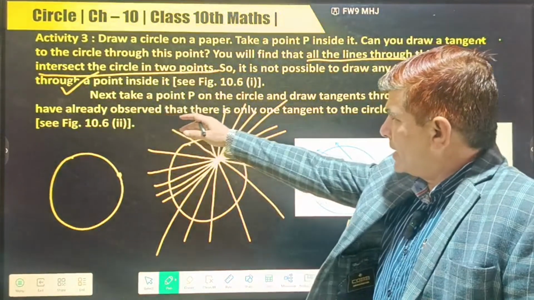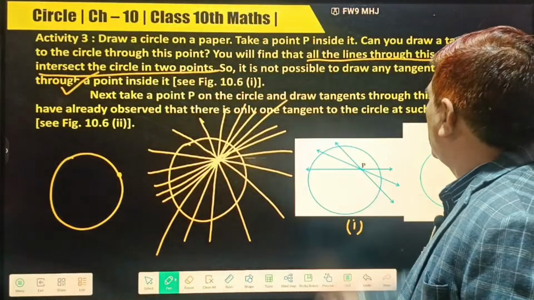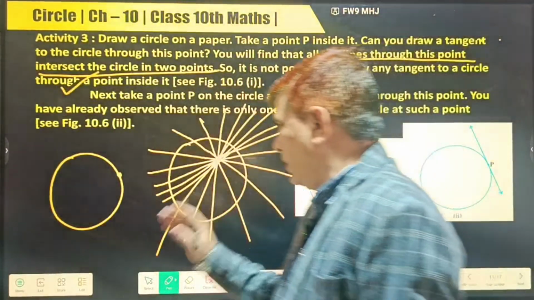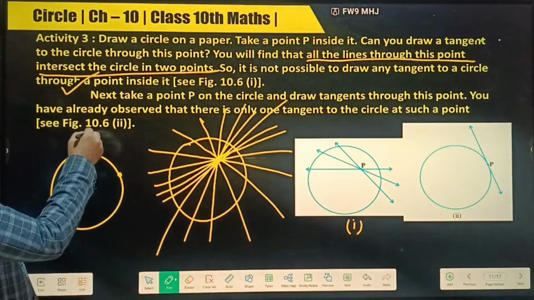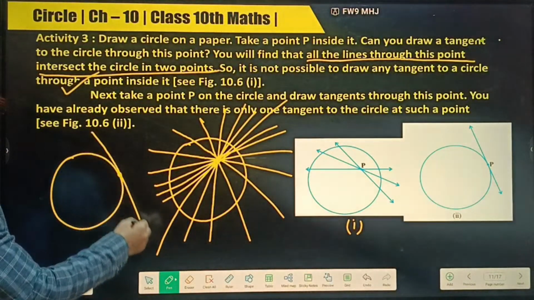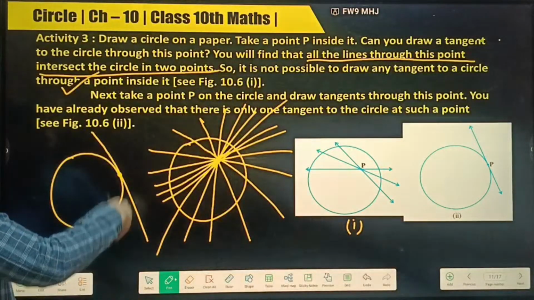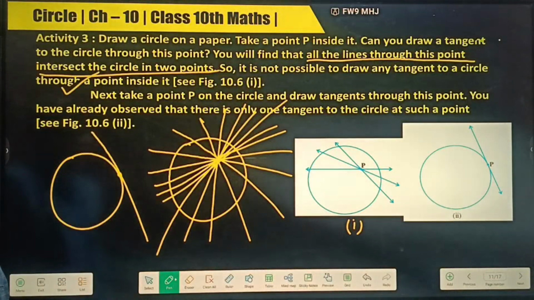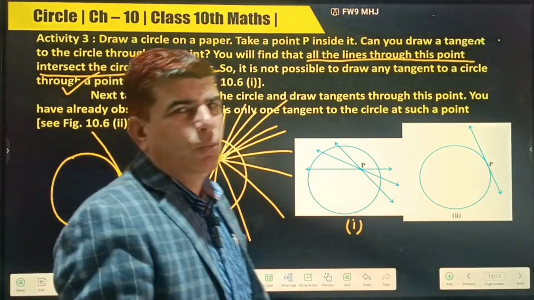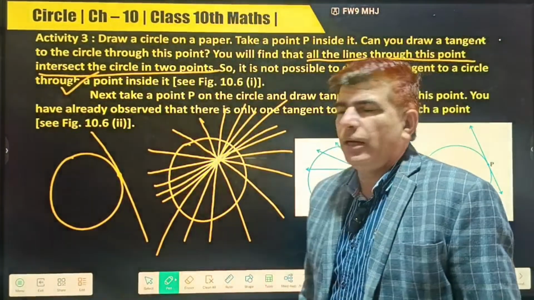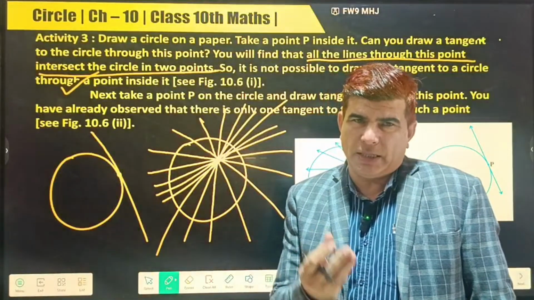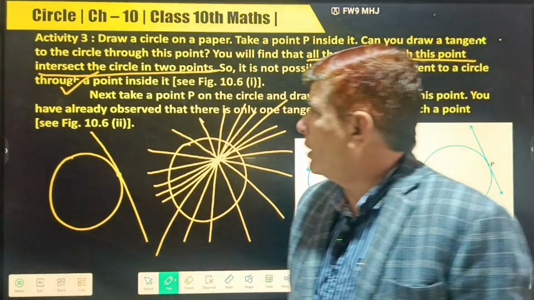So it's written, next, take a point P on the circle and draw a tangent through this point. So we will draw a line segment which passes through this point. If we draw, all are intersecting this circle at how many points? Definitely 2 points. Only one line passes through this point and touches the circle at only 1 point.